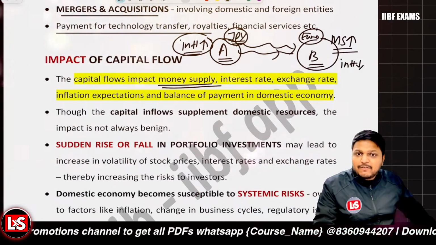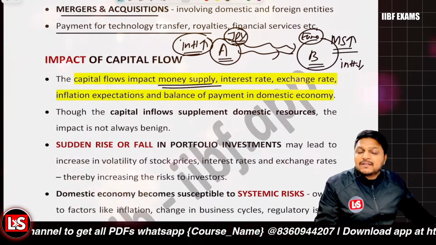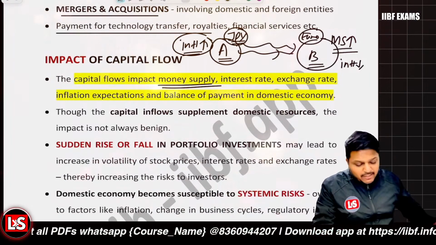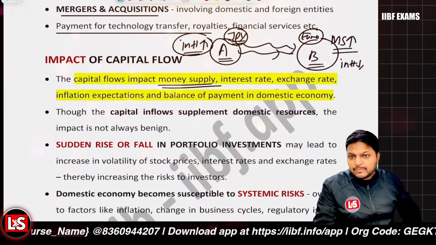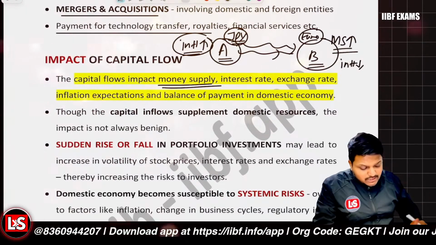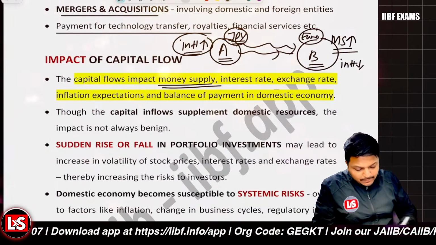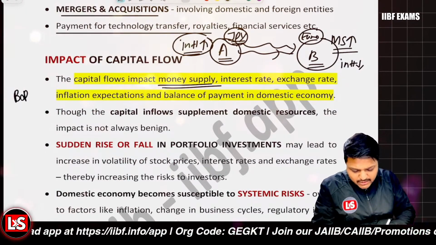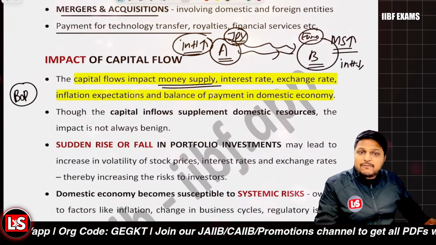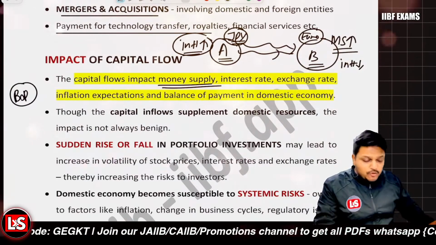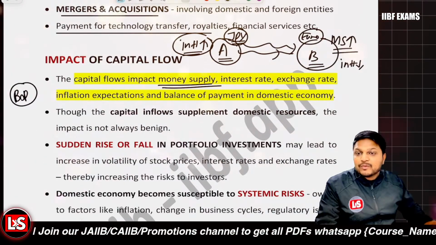So the country in which the inflow is there, the exchange rate will be appreciated, and the country from where the outflow is there, the currency will be depreciated, right? And also it's going to change the BOP, that is the balance of payments. Now capital inflow influences the capital account and overall BOP positions also, right?